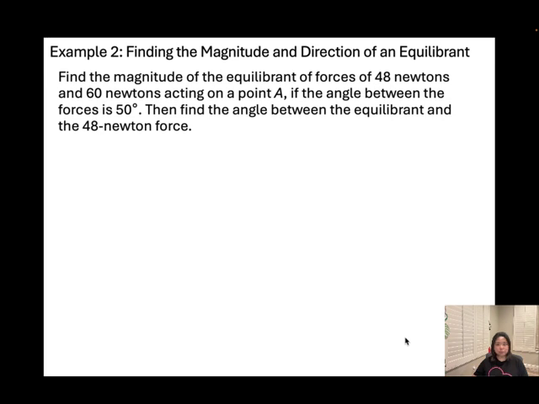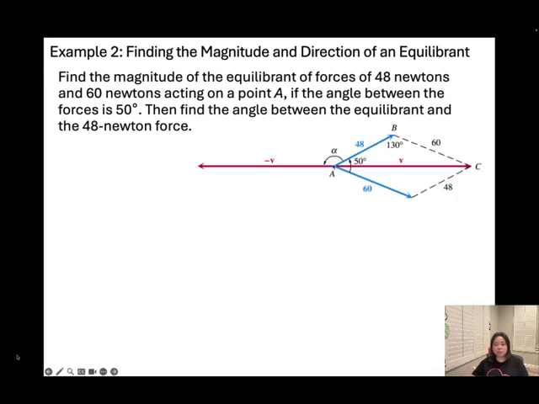Look at this example. Find the magnitude of the equivalent force of 48 newtons and 60 newtons acting on a point A. If the angle between the forces is 50 degrees, then find the angle between the equivalent and the 48 Newton force.